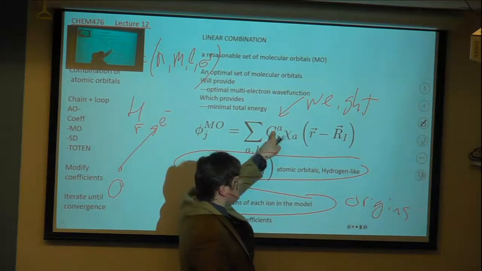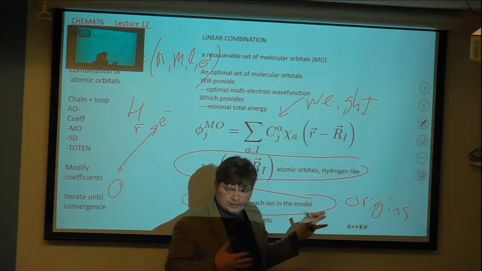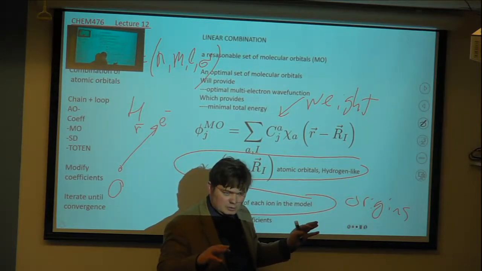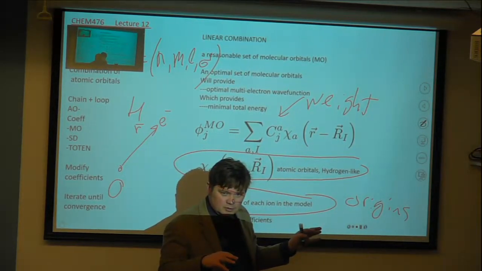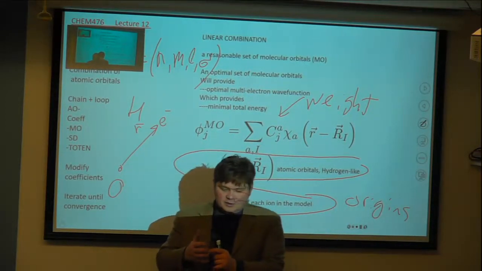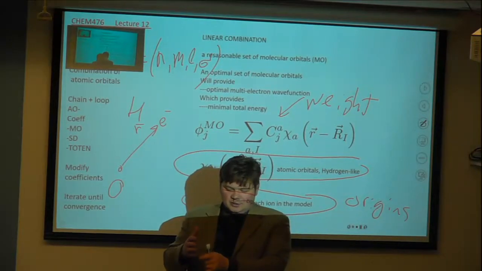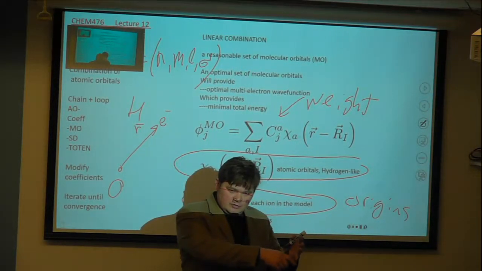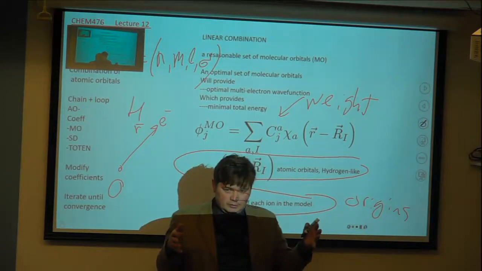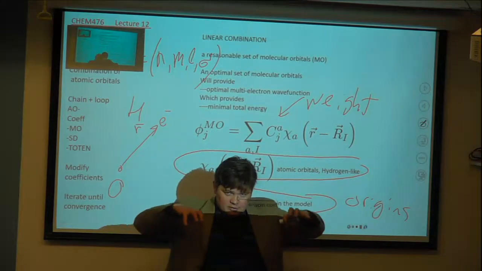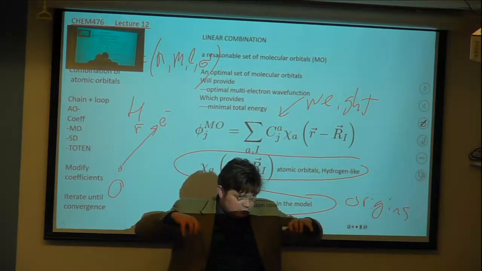It means some of these coefficients are zeros, some are a little bigger than zero, and they tell at which percentage the atomic orbital contributes to the molecular orbital. So it's a superposition not only of different quantum number orbitals on a single atom, but those also run through different orbitals on another atom. So there could be spatial overlaps of orbitals centered at different atoms. Make sense?